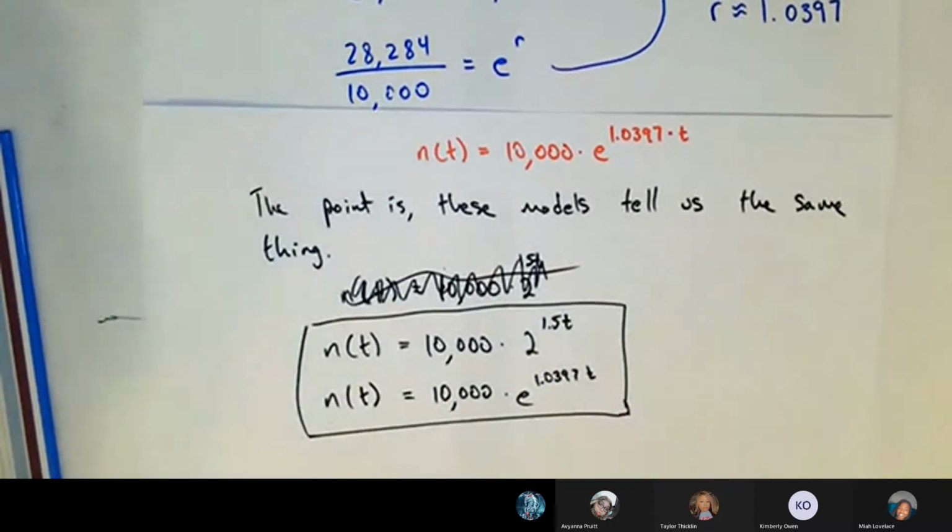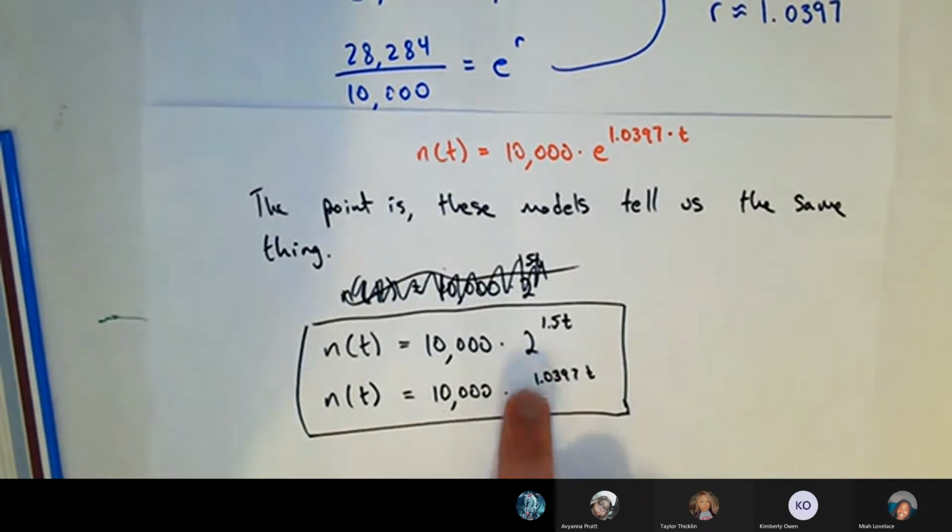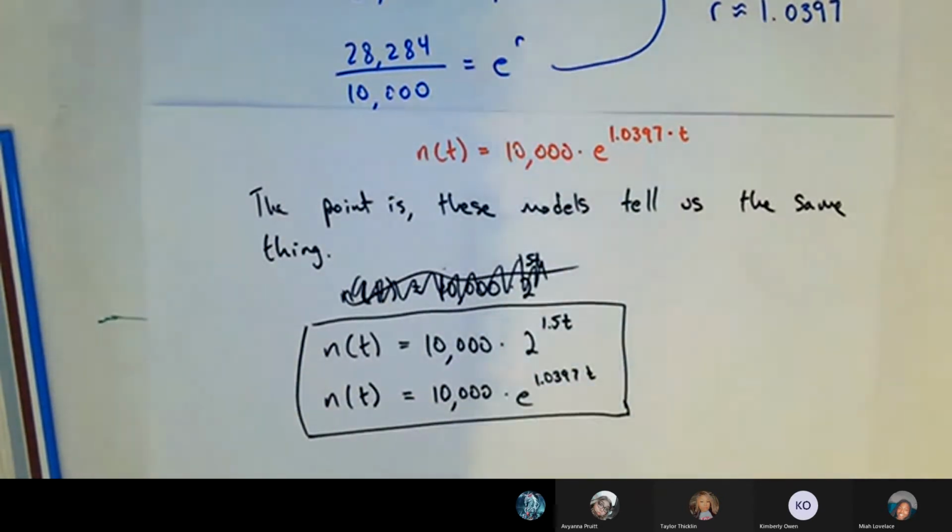So problems will often be given that lean more towards one model than the other, but they can all be forced into any kind of form. You could model this data that they gave us with any base, really. I mean, it would be tough, but you could do that if you wanted to, and it would look ugly.